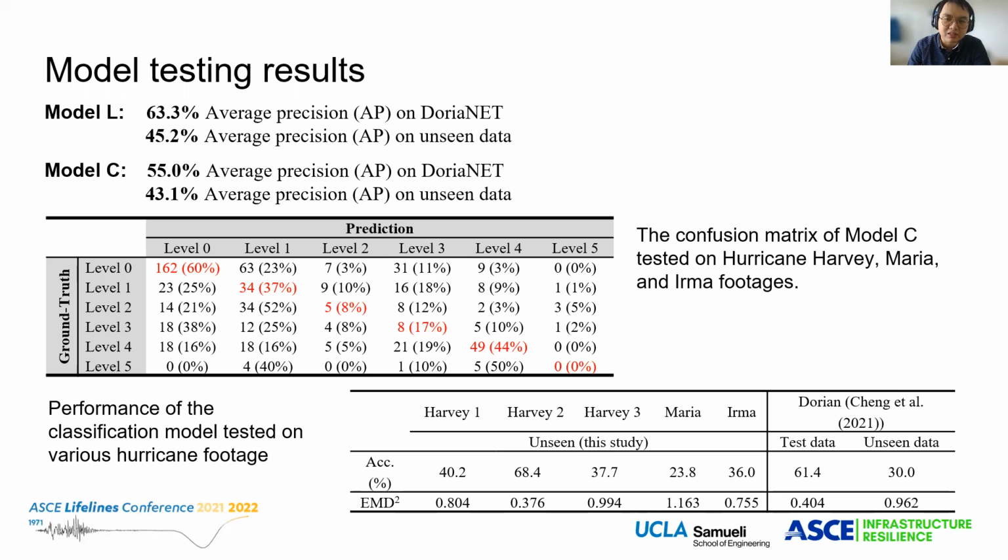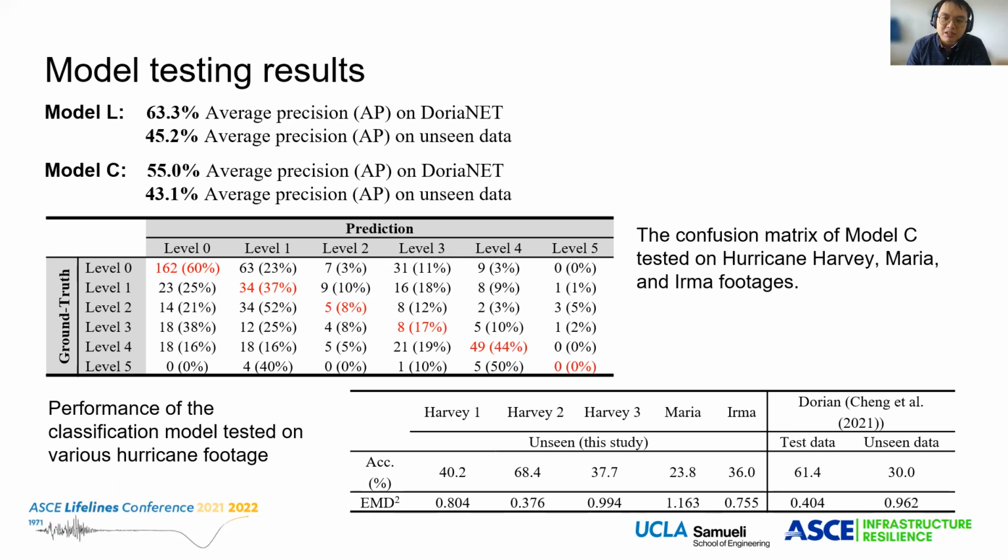Testing this model on new footage from Hurricane Harvey, Maria, and Irma without retraining yields AP values of around 45%. A closer investigation led us to attribute this lower but expected performance to the factors of different building types, terrains, and other scene characteristics visible in the original Hurricane Dorian footage used for training.